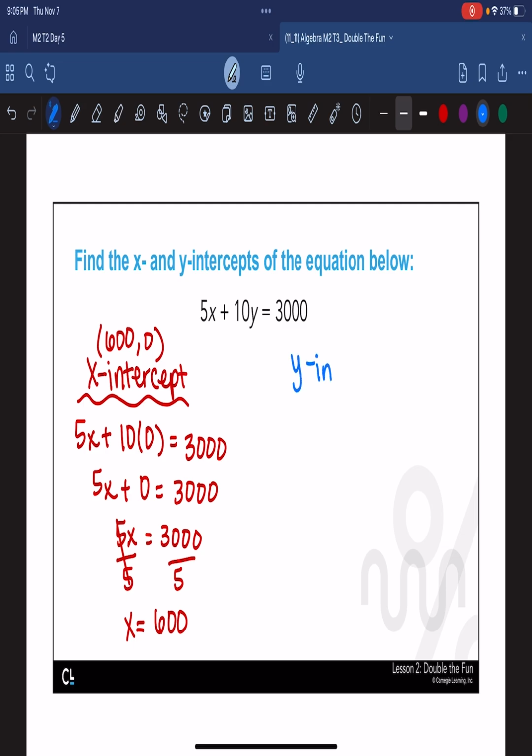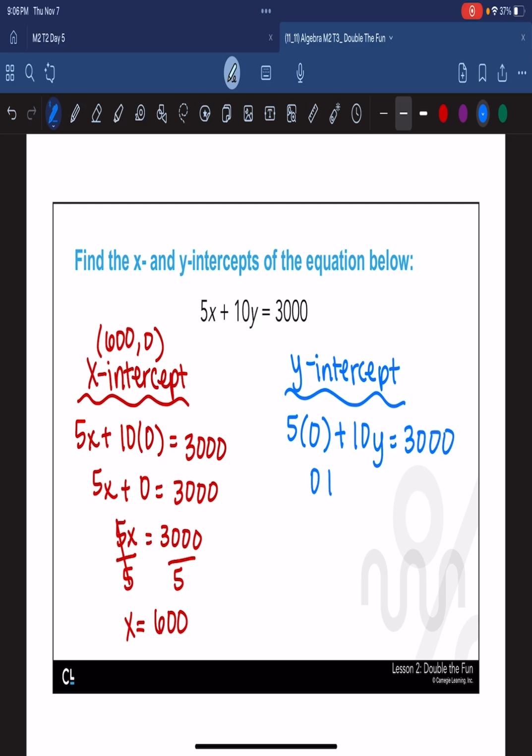My y-intercept, I'm going to do the same thing that I just did, but instead of substituting in 0 for y, now I'm going to substitute it in for x. So I have 5 times 0 plus 10y equals 3,000.